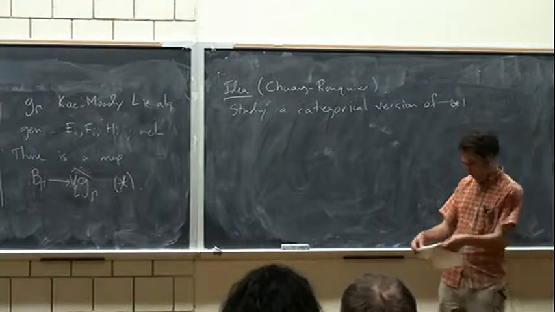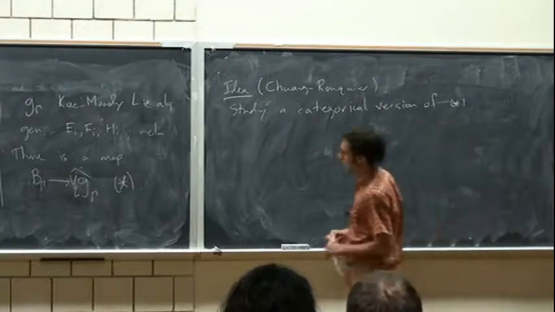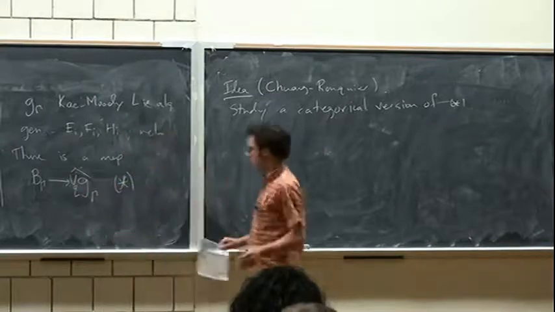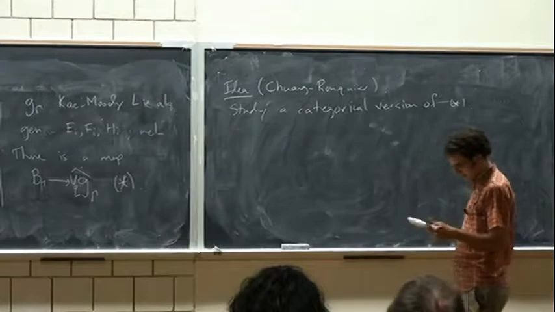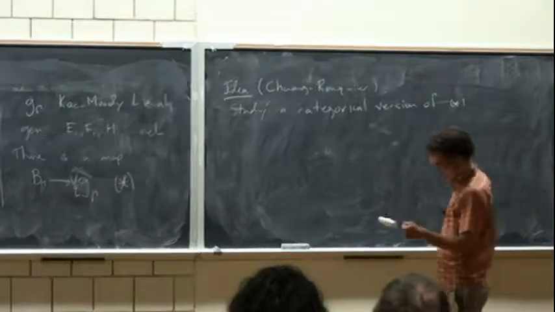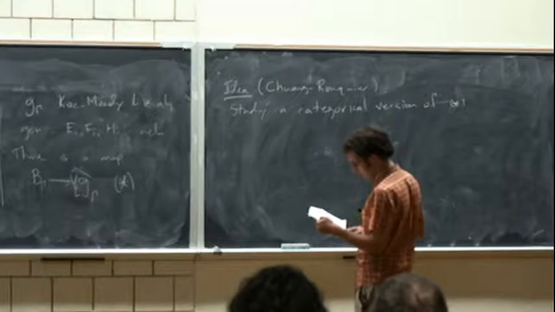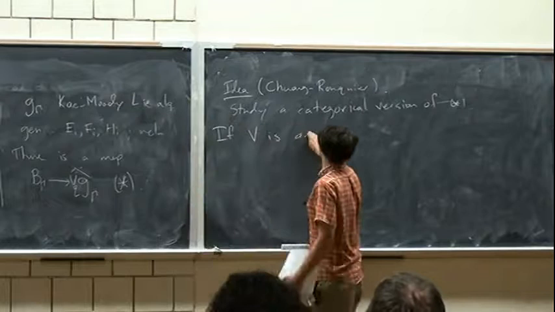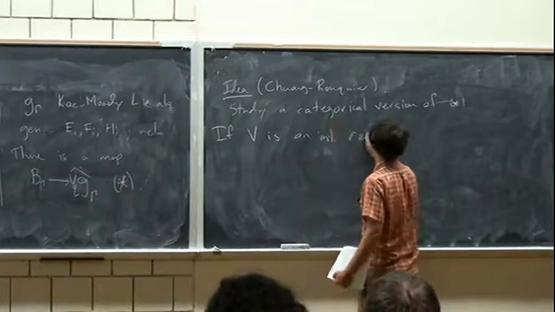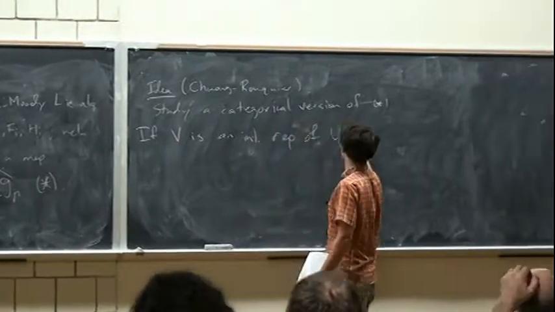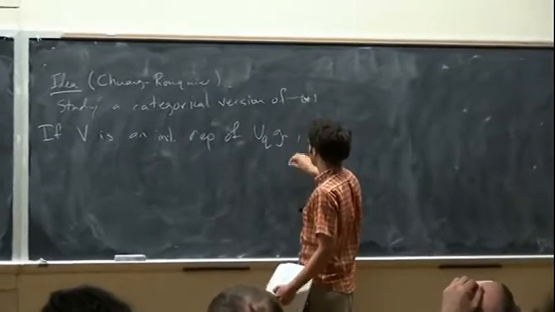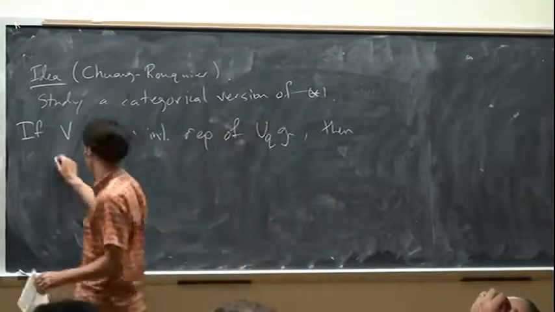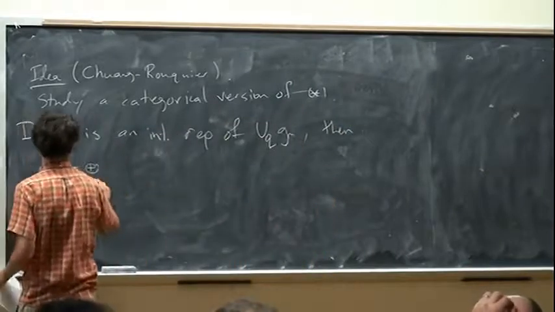Now I should explain a little bit. We need a categorical version of this side, and that was described earlier, also in Simon's talk, so it's going to be a slight repetition, but I think maybe it's good. If V is an integrable representation of this quantum group g_gamma, just a representation on vector spaces, then we have a weight decomposition of the representation.